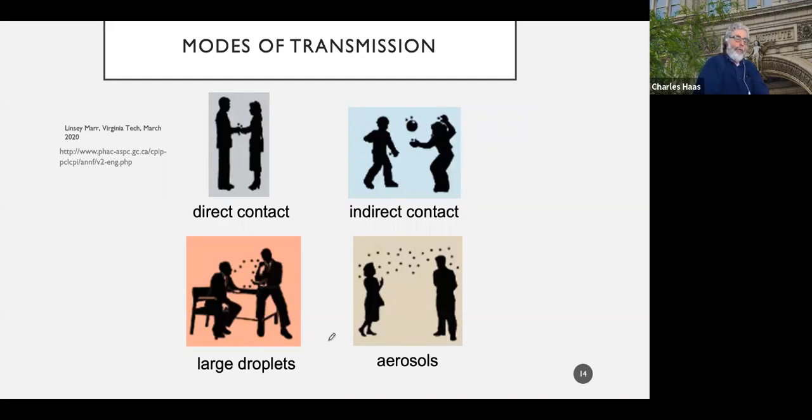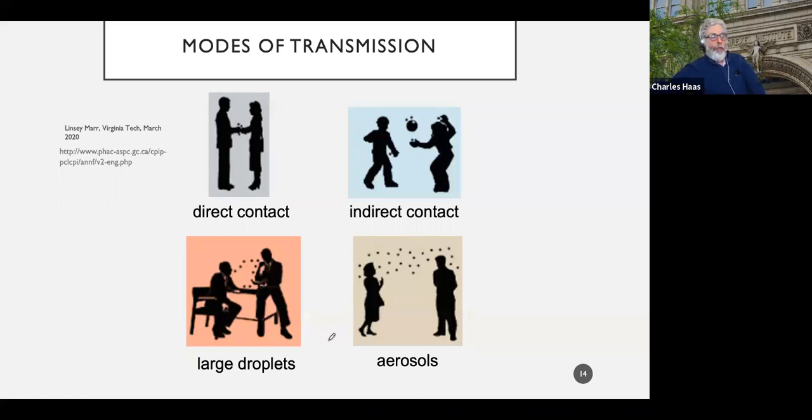This slide is from Lindsay Marr at Virginia Tech. And the principal methods for transmission of pathogens in general could be via the respiratory route or by direct contact, and then touching hand to mouth. Could be indirect contact.